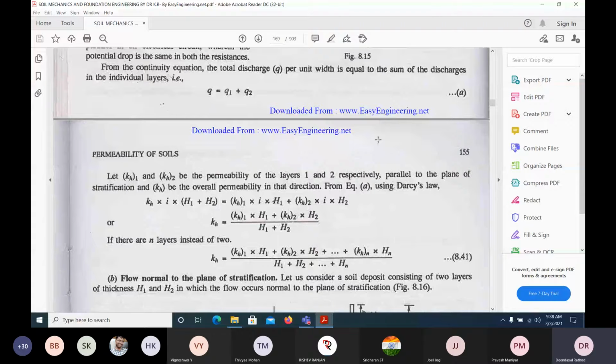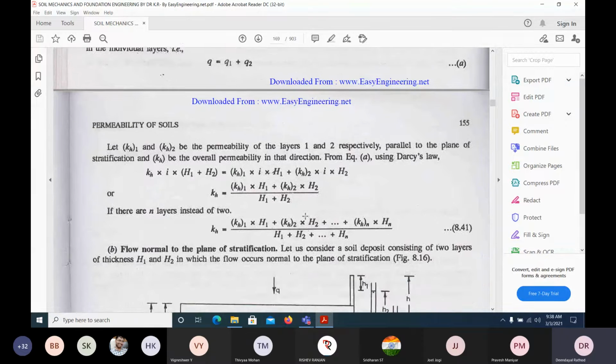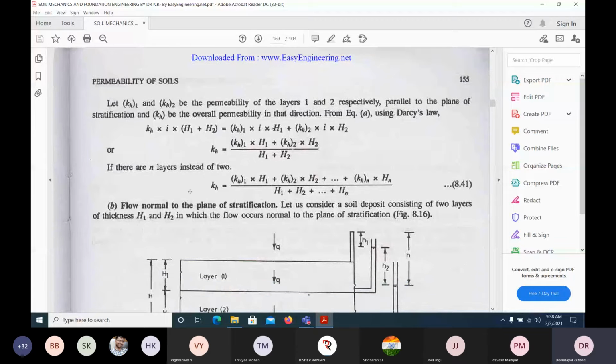Darcy's law says velocity is directly proportional to hydraulic gradient. What is the hydraulic gradient? It is h by L. In this way we can write this using Darcy's law and take the average. Anyway, I'll show you the video.